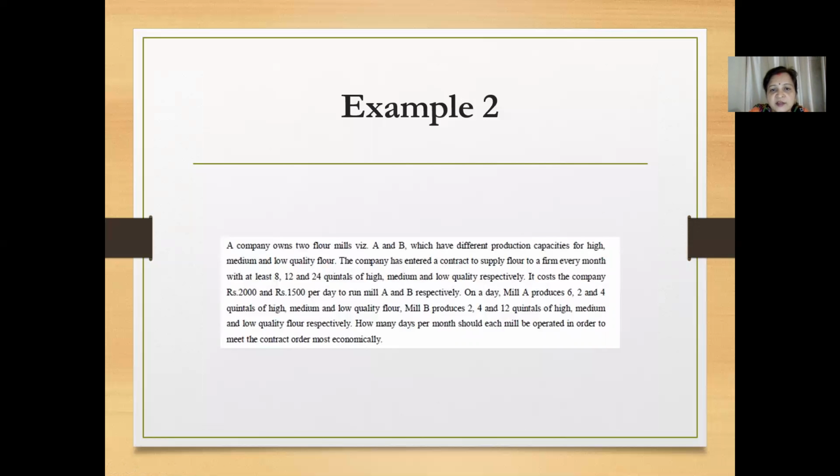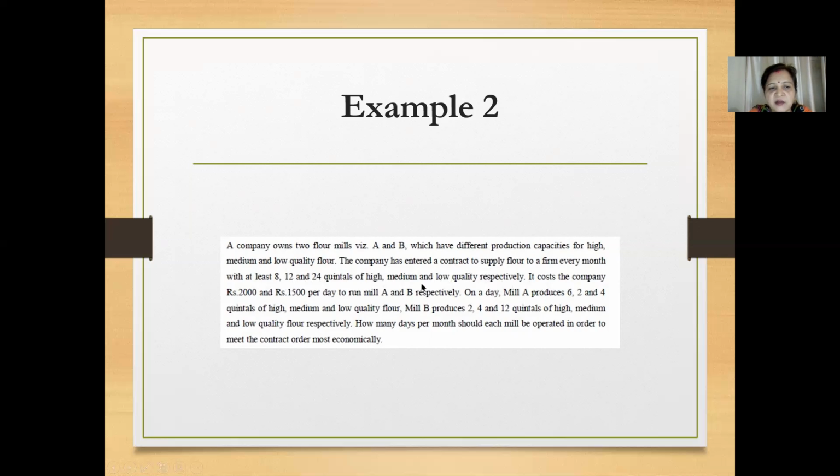Let us see one more example. A company owns 2 flour mills A and B, which have different production capacities for high, medium, and low quality flour. The company has entered a contract to supply flour to a firm every month with at least 8, 12, and 24 quintals of high, medium, and low quality respectively.